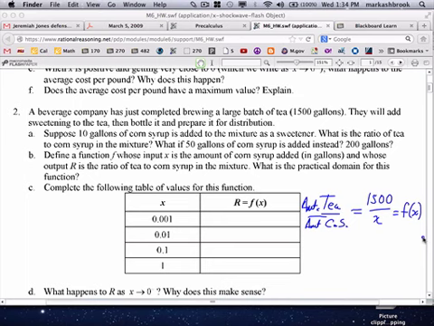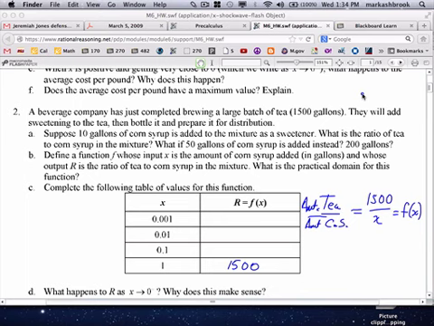We good so far? If X is the input of 1, then you're going to put in 1 gallon of corn syrup. And what will the ratio be? The ratio is really talking about the relative amount of T compared to the amount of corn syrup. If there's 1,500 gallons of T and 1 gallon of corn syrup, then the relative amount of T to corn syrup is 1,500.